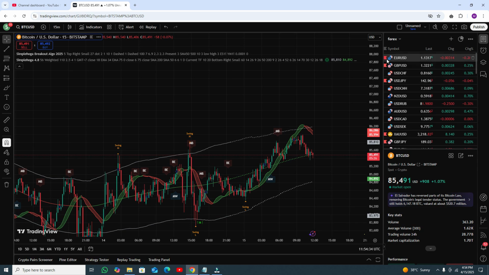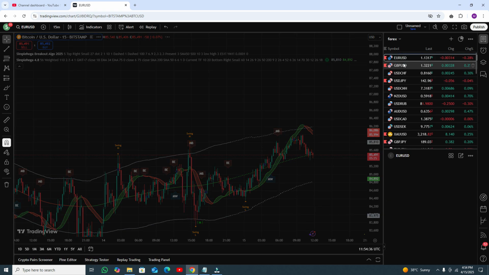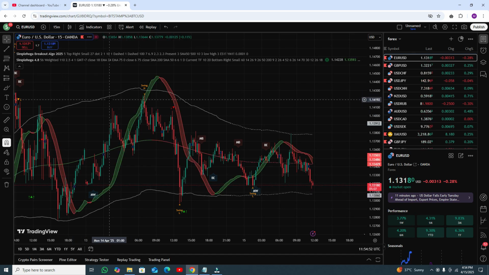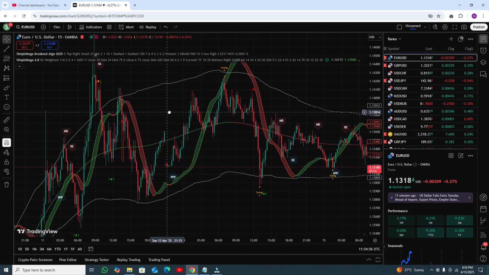Okay, so let's see the results in EUR/USD and gold. In EUR/USD, this Simple Hoga Breakouts Algo 2025 works on all time frames and all pairs, whether you are using forex, crypto, indices, or stocks, it will give you the signal in all markets.